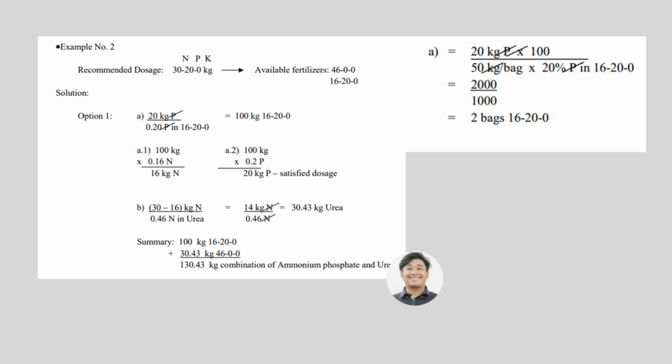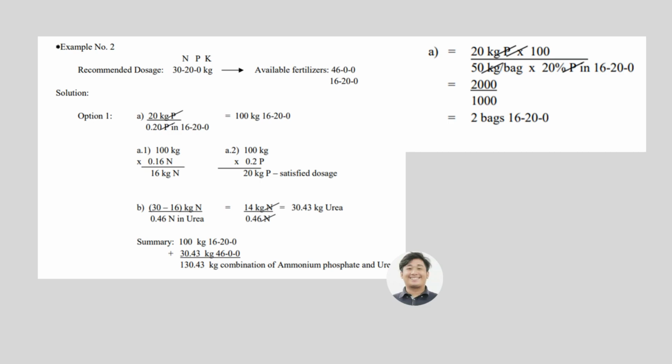So in summary, there are 100 kilograms of 1620 and 30.43 kilograms of 46% urea. The total is 130.43 kilograms of the combination of ammonium phosphate and urea. So here in the second option, we can solve it in bags.